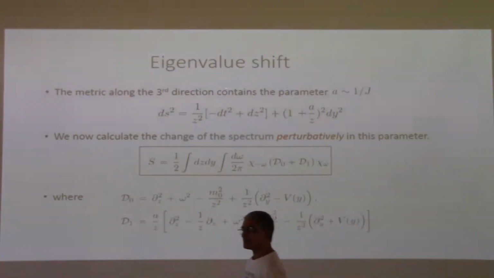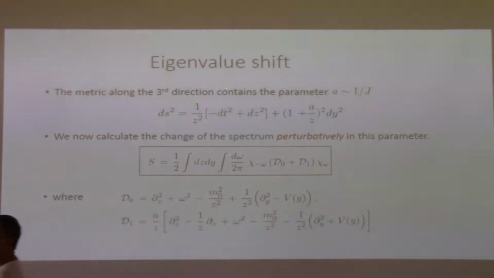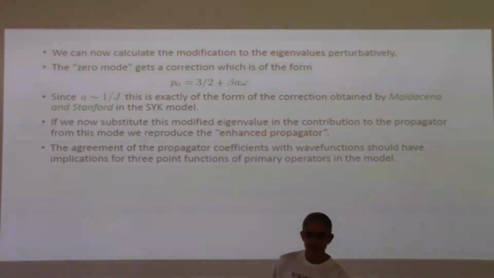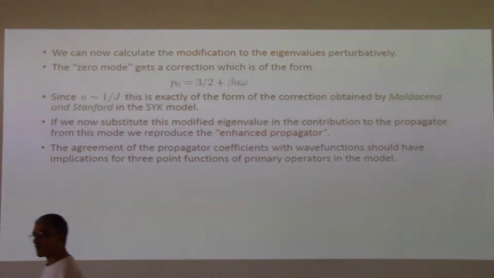Let's proceed further and deal with that special mode and see what happened to that mode in this picture. See, in the three-dimensional picture, what was the dilaton in the lower dimension becomes the YY component of the metric, and you can calculate the effect of that on the spectrum by using standard perturbation theory. I will not go over the details of that perturbation theory, and what you find, in fact, is exactly the form which you can directly calculate in the SYK model.